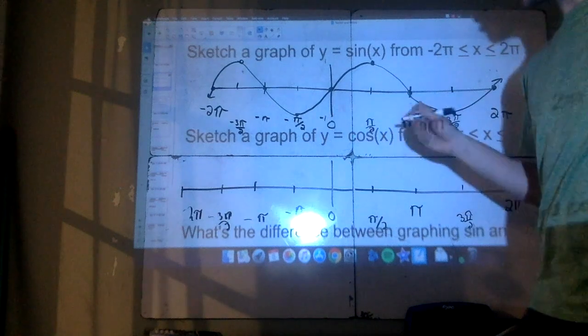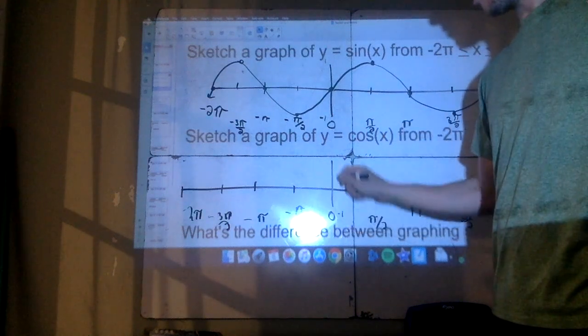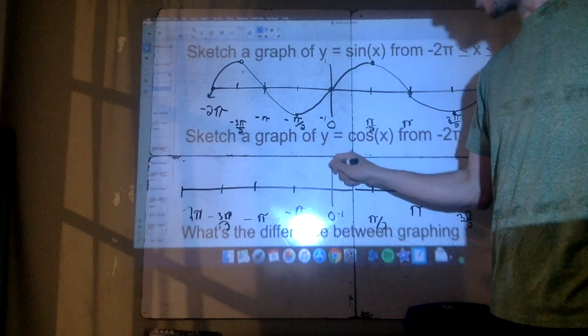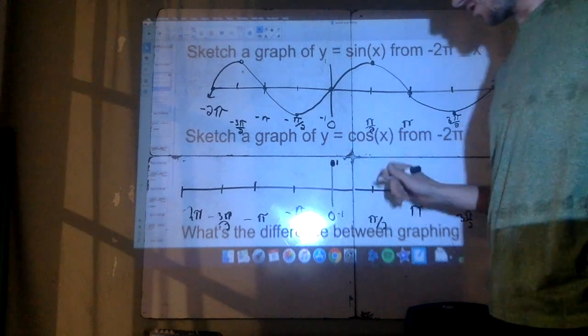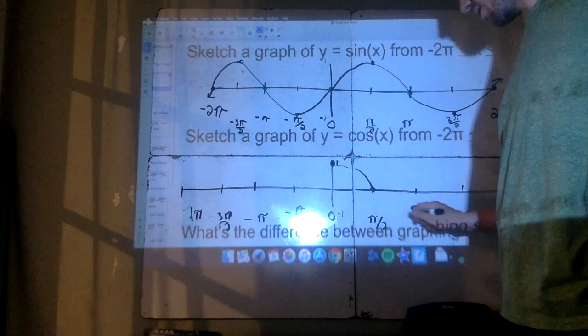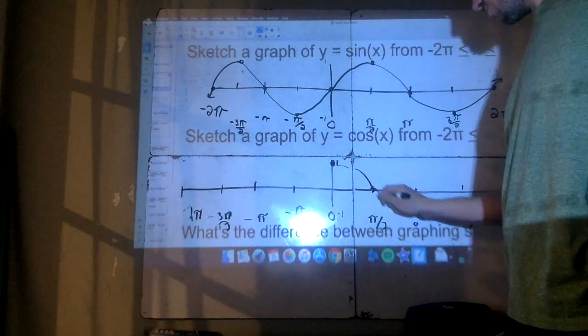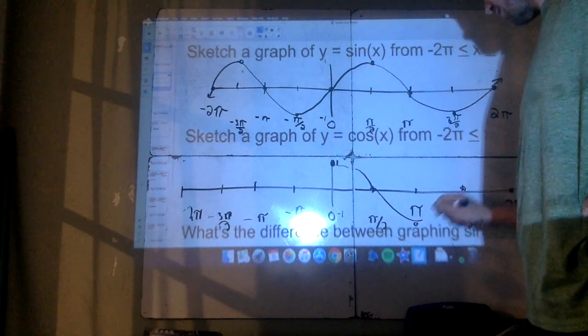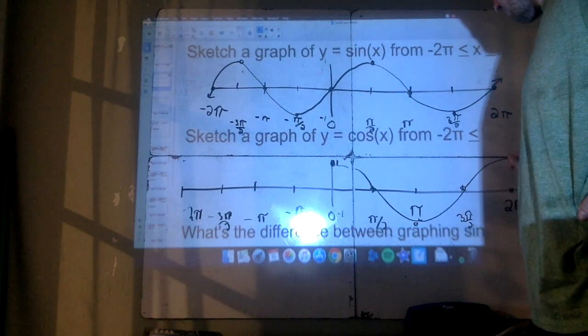So the difference is cosine, if we go from negative 1 to 1, cosine starts at 1. The x value starts at 1. And then each little interval here, it's doing this little different type of wave.